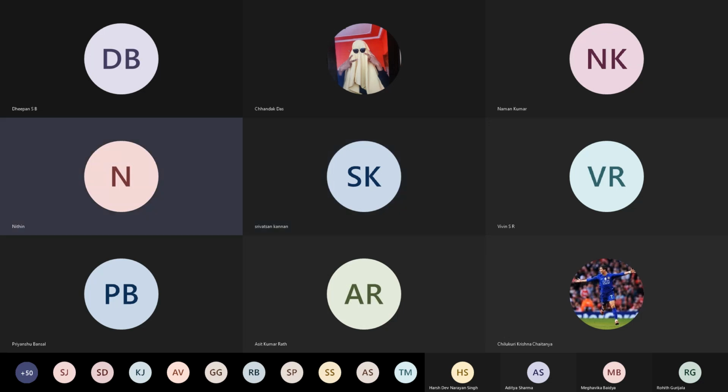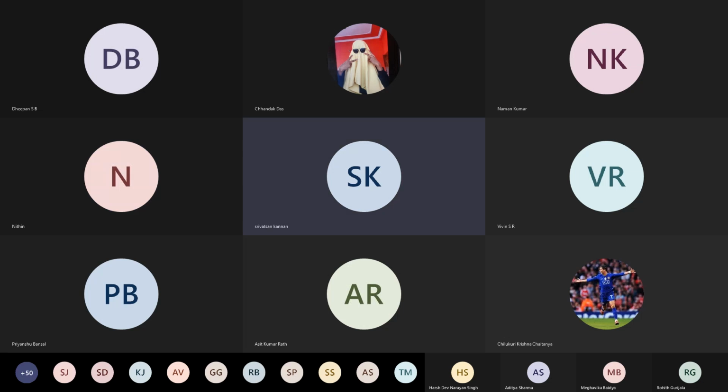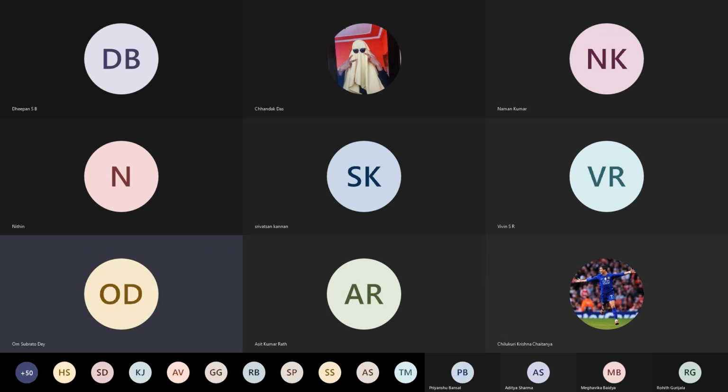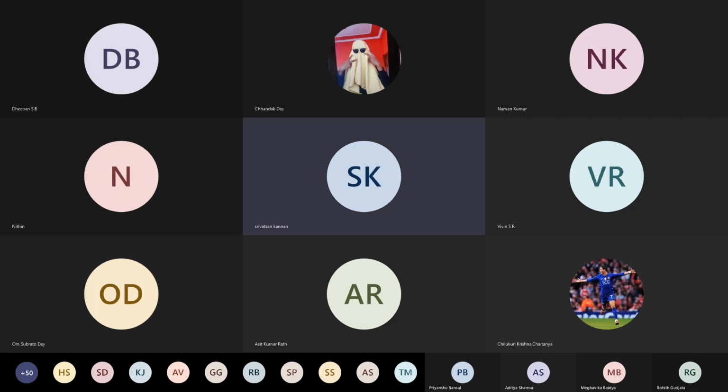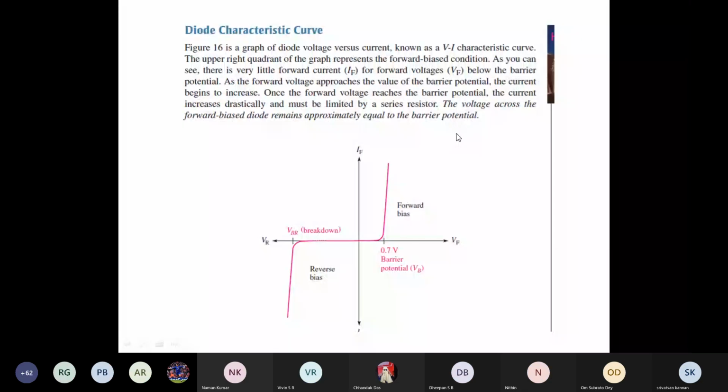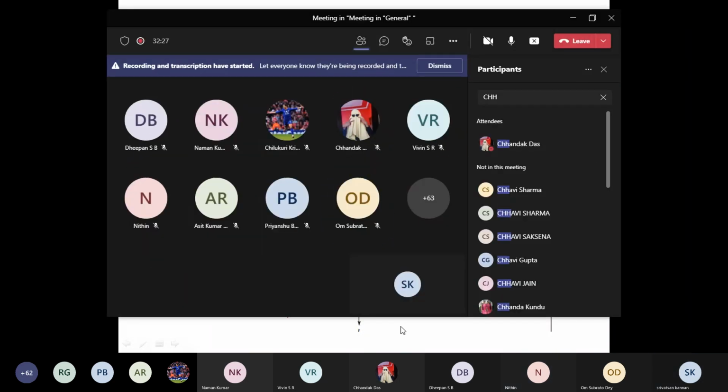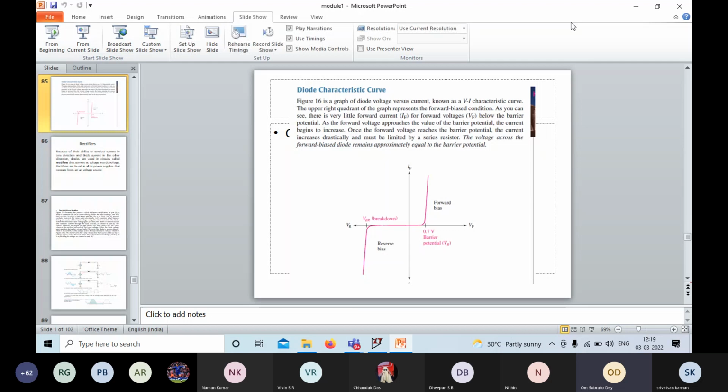It is not visible. Increment of 1. The screen is not visible. It's not visible now. Yes, now it's visible. Yes, sir. Now it's visible.